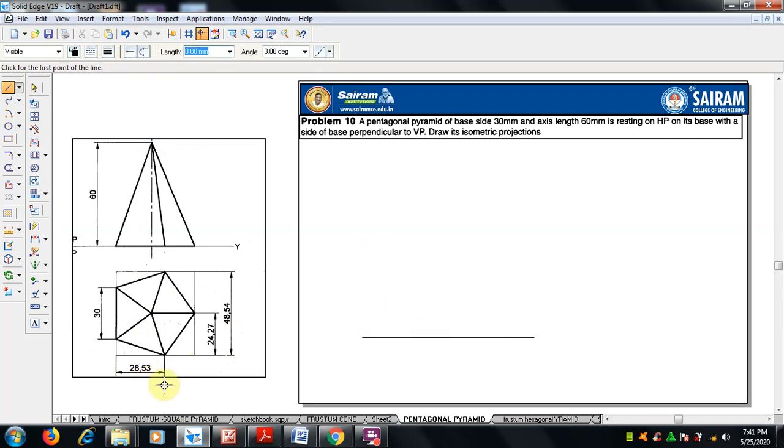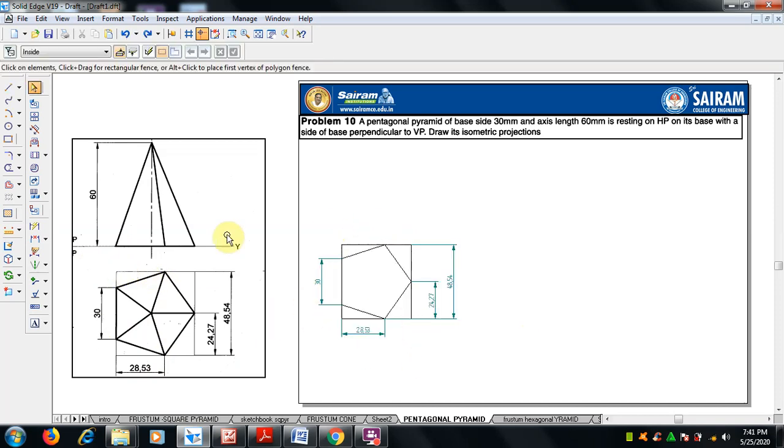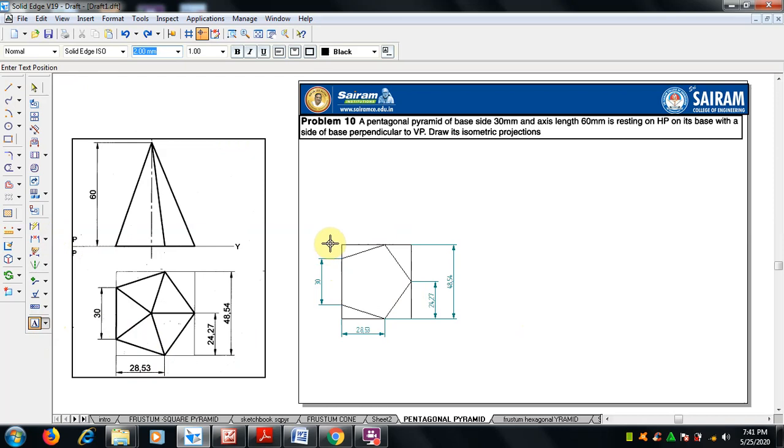Here, for understanding purposes, I am marking A, B, C, D. Here it's A, this end B, here it's C, and here it's D. So all four corners of the square I have marked A, B, C, D. Understood? I will keep it separately.